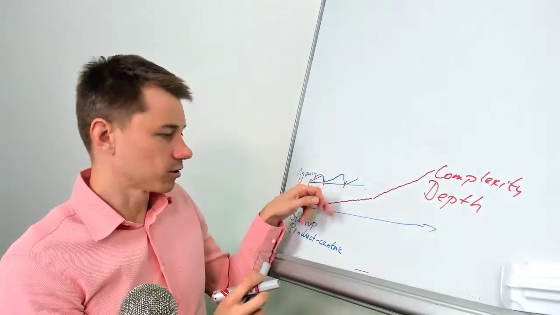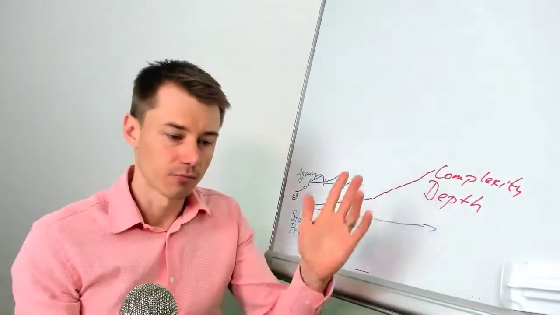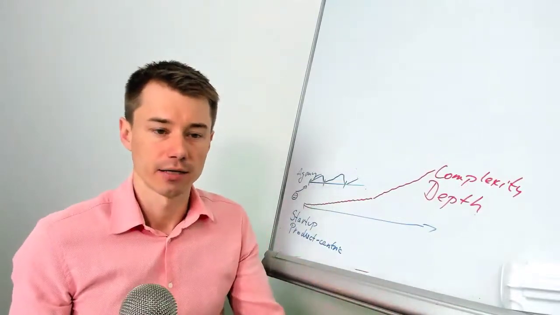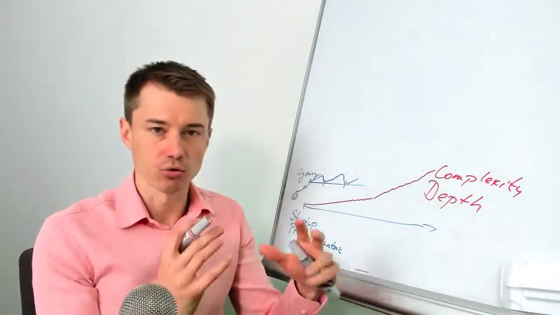Like here, an agency ships the product and off they go. But here, they need to, as I mentioned, for example, analyze the performance. They need to adjust. They need to interact with customers.